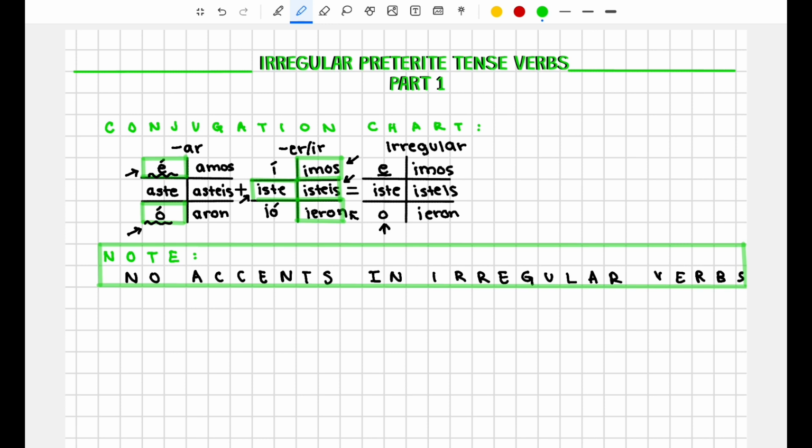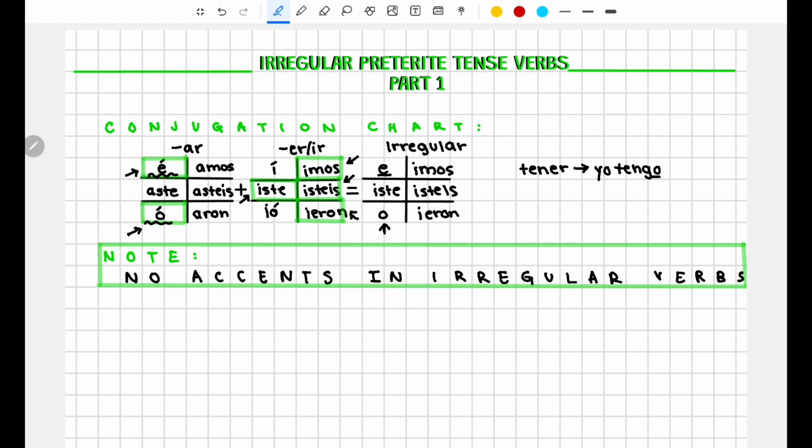And that means that irregular verbs have to change their stem in order for us to distinguish between an irregular preterite tense verb and, let's say, a present tense verb. For example, take the verb tener, which is an irregular preterite tense verb that follows this formula. Tener is actually irregular in the present tense as well, because tener in the yo form is tengo.